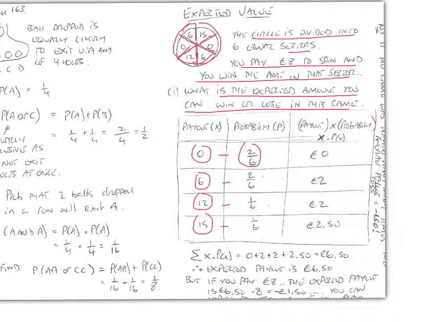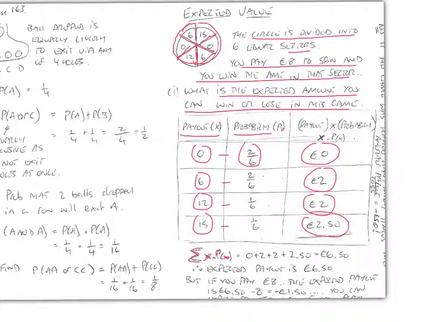We then multiply the payout by the probability, and we call this x times p of x. So this should be x there. That would be 0 here. It's €2 here, €2 here, and €2.50 there. And the expected payout is the sum, sigma x times p of x.